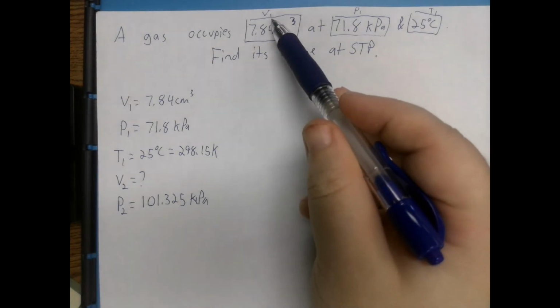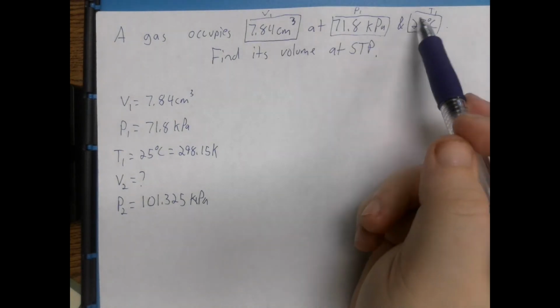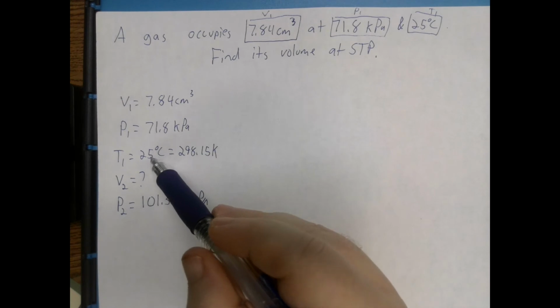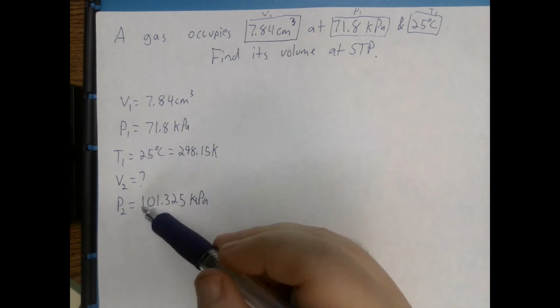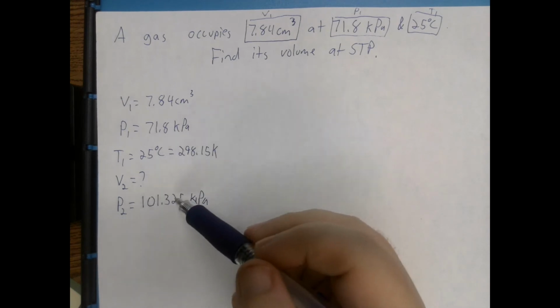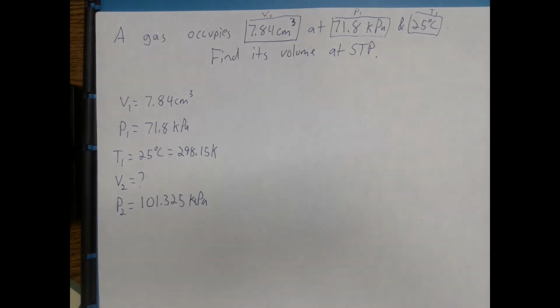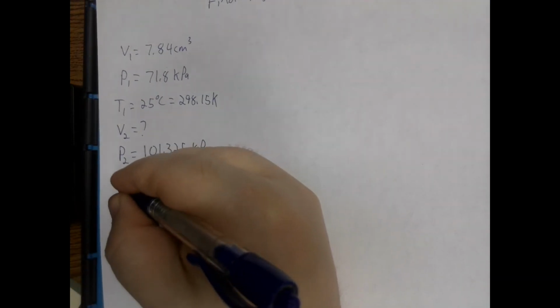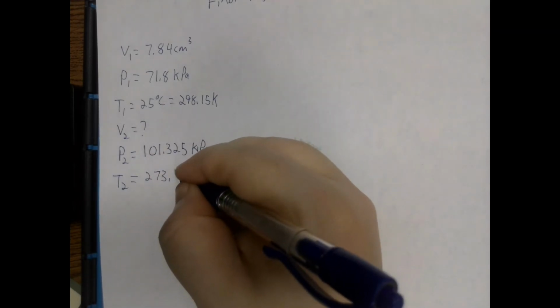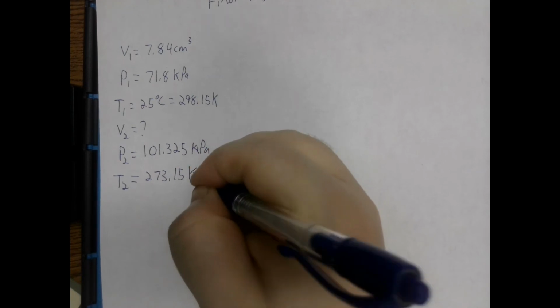So initial volume, initial pressure, initial temperature. We need to convert temperature here, and we know that final pressure, the standard pressure, is 101.325, and the standard temperature is 273.15 Kelvin, or 0 degrees Celsius.